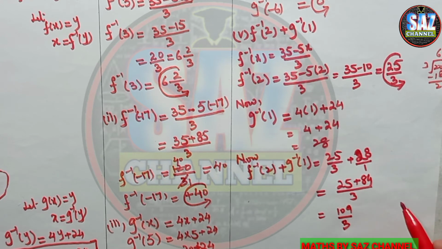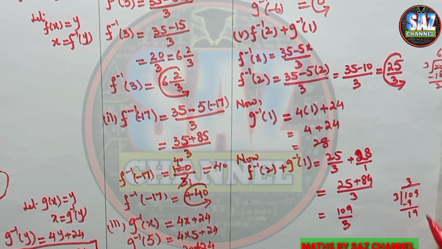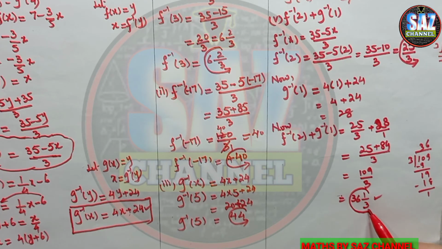Now I have to divide this 109 by 3. 3 3s are 9, and I'm left with 1. 3 6s are 18 and 1, and it will give me 36 whole 1 by 3. I hope you are clear about this question.